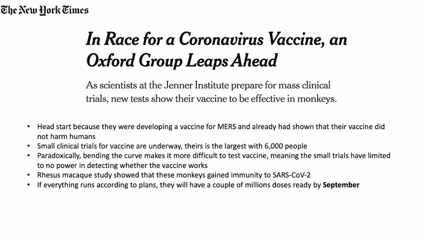And the way that this group is working, they say that if everything goes smoothly, they'll actually have millions of doses of this vaccine ready for people to use as early as September. So this is really, really very promising. Okay, so remdesivir may not work, but hopefully we have a vaccine that does work.